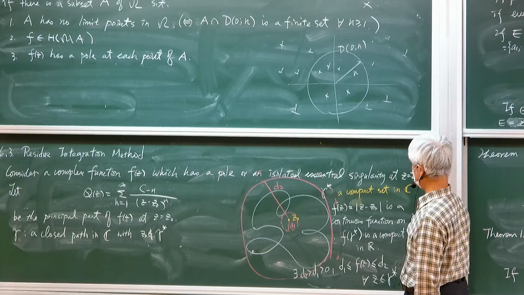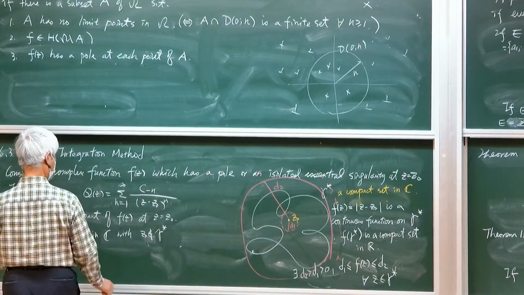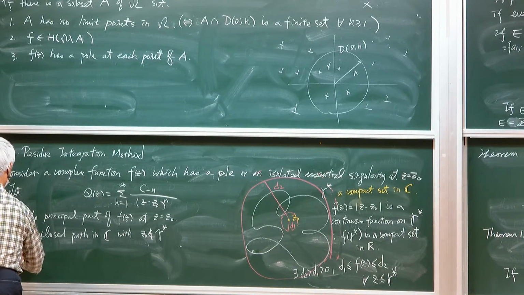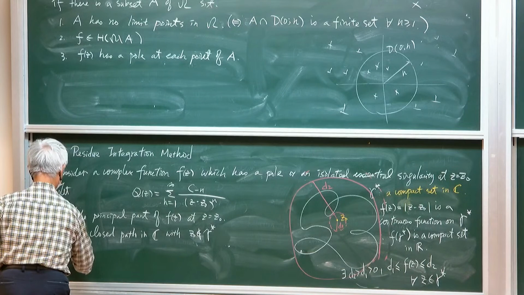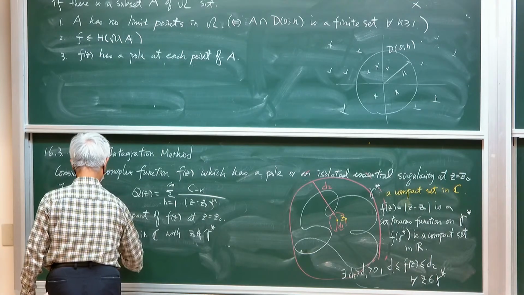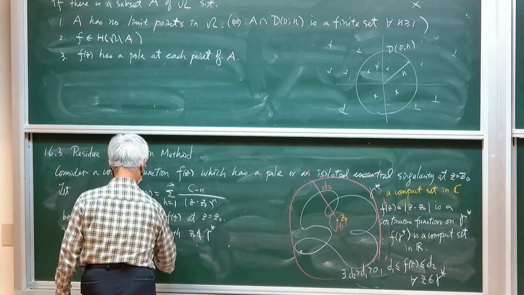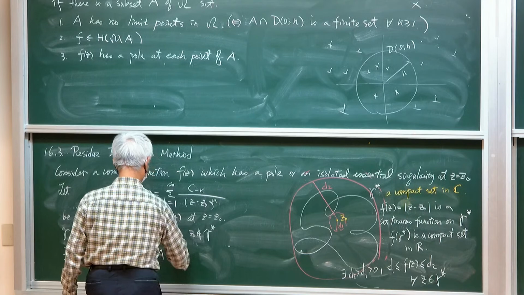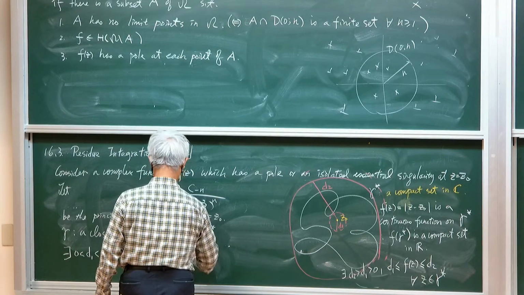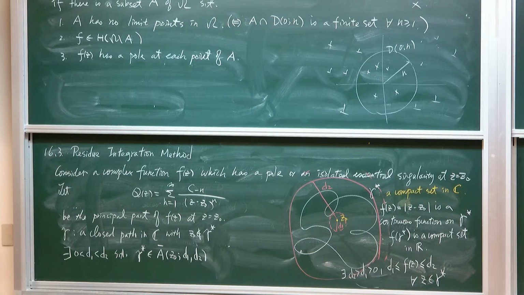So this shows that there exists such that gamma star is in the annulus D1, D2, the closed one, including the boundary.